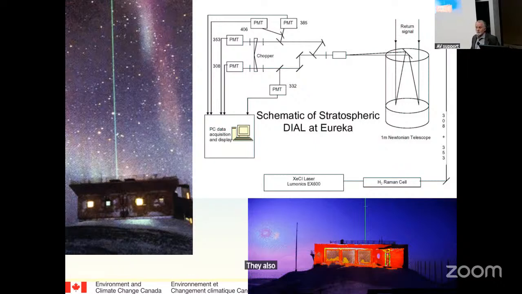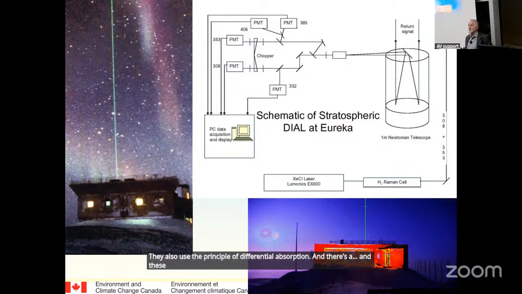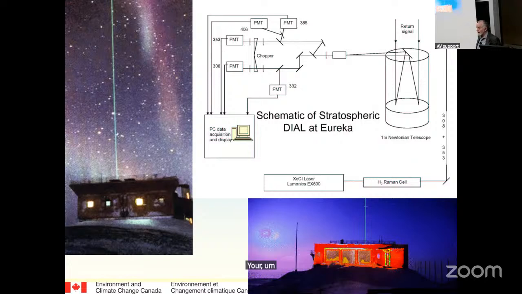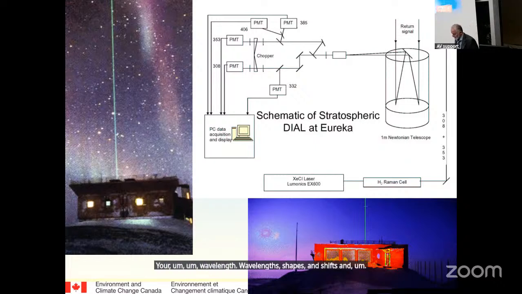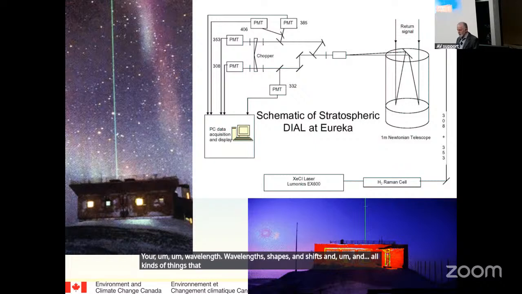They also use the principle of differential absorption, and these could not exist without modern computing because the data reduction is extremely complex. You have to worry about aerosols, you have to worry about timing, you have to worry about your wavelength shapes and shifts and all kinds of things that probably I shouldn't talk about because I'll get myself into trouble.